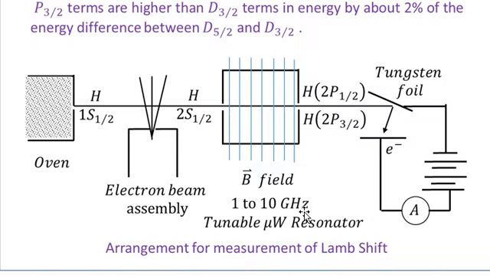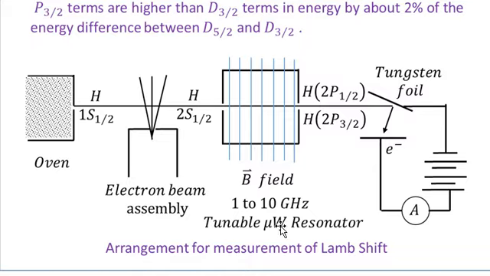So by applying a microwave frequency of 1 gigahertz, you can induce the hydrogen level 2s1/2 to the level 2p1/2. But if you apply a microwave at a frequency of 10 gigahertz, then you can excite this 2s1/2 to a level of 2p3/2, because the 2p3/2 is lying higher in energy than the 2s1/2 level.